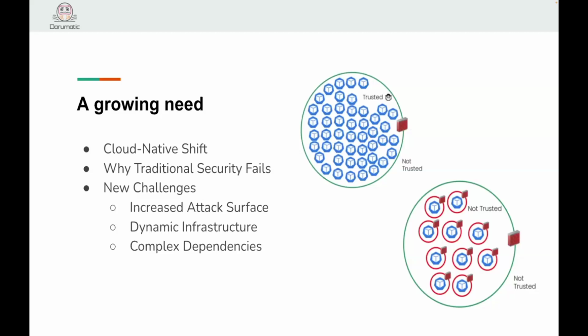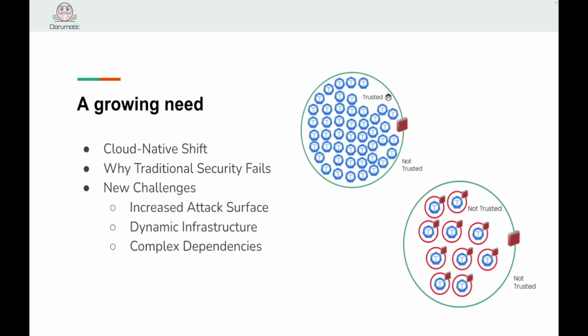We call them attack surfaces, and they need to be secured. So the more components we have, the more risks we face. There is a dynamic nature to it. Within a day, you can get many applications getting deployed or changing constantly in your cluster, and we don't really know what is happening.